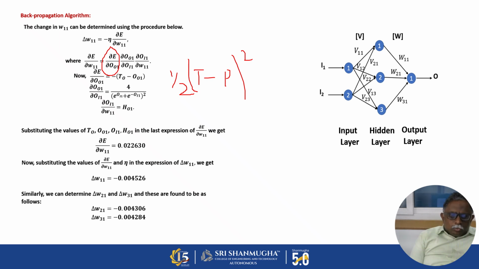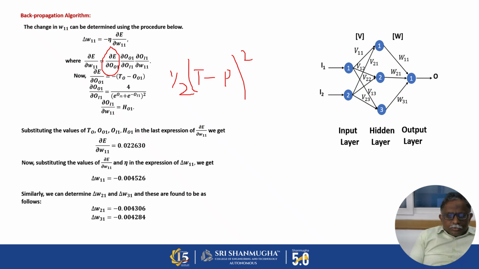Similarly, we can calculate for the last one. So dou I1 is basically this: I1 is the summation of W11 times the activation from the first neuron, W21 times the activation of the second neuron, and W31 times the activation, that is, the output of the third neuron in the hidden layer.